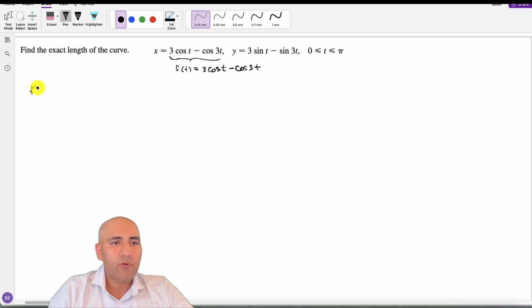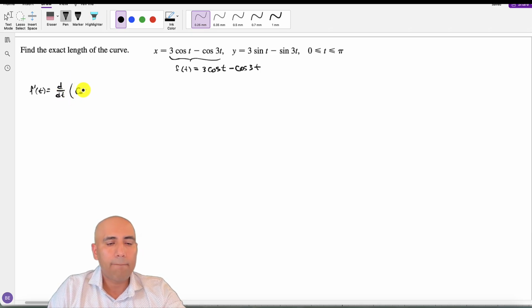So I need the derivative, f prime of t. So f prime of t is equal to the derivative with respect to t on 3 cosine of t minus cosine 3t.